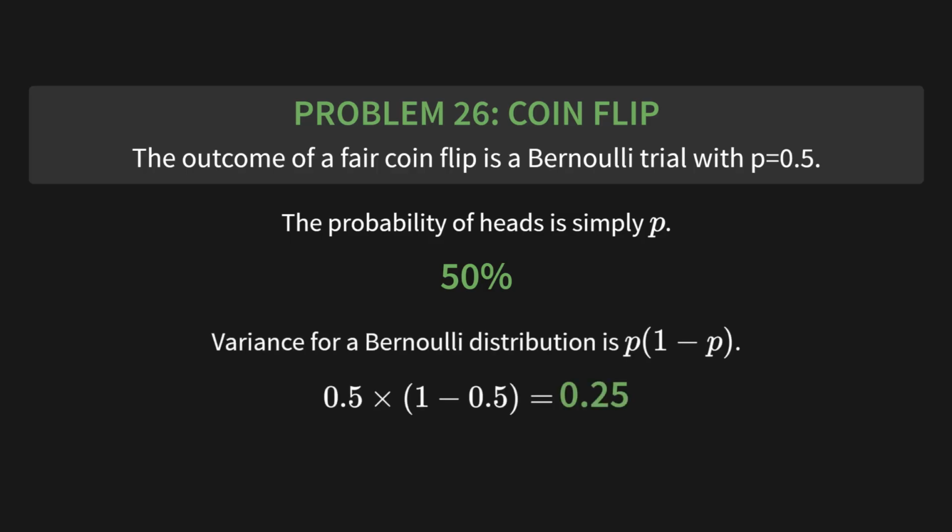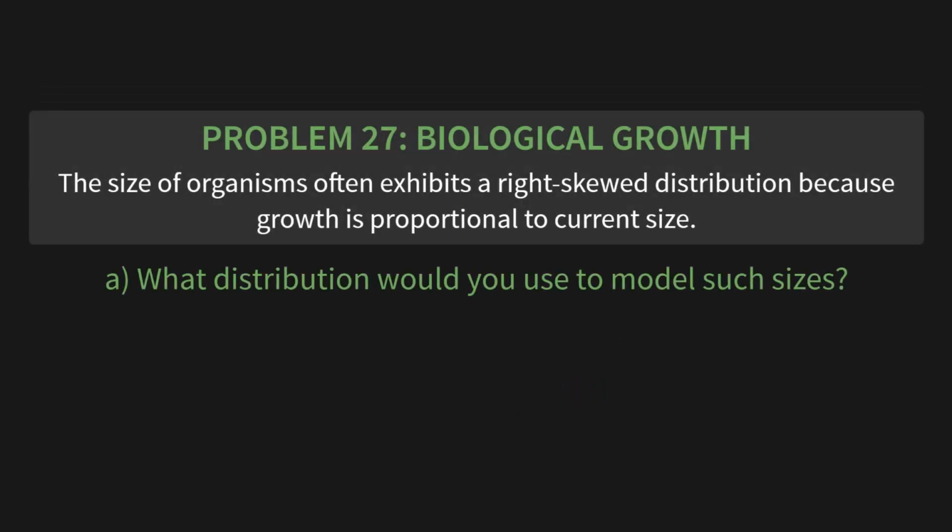Now for the variance. The variance for a Bernoulli distribution is p times (1 - p). So we just plug in our numbers, 0.5 times (1 - 0.5), which equals 0.25. Easy peasy.